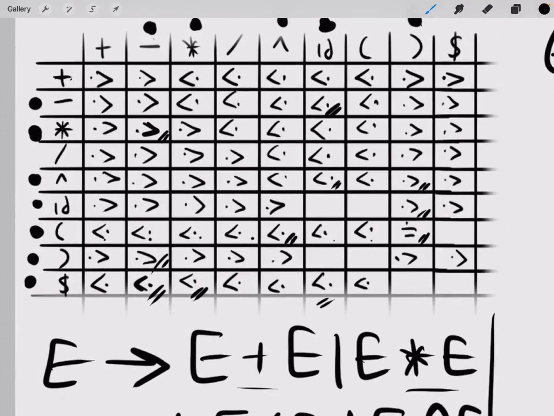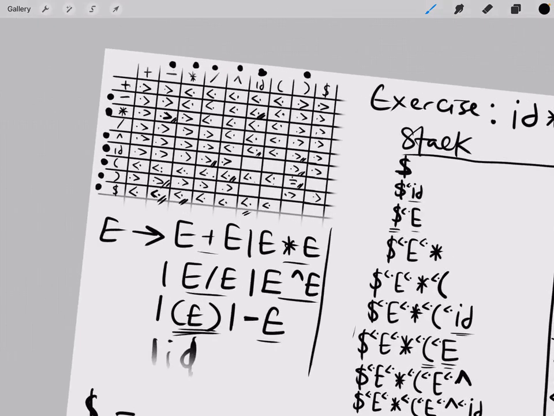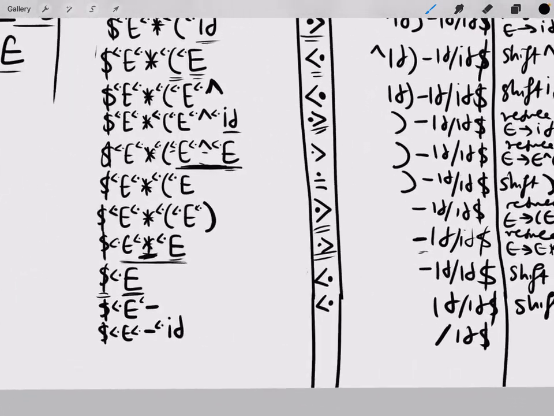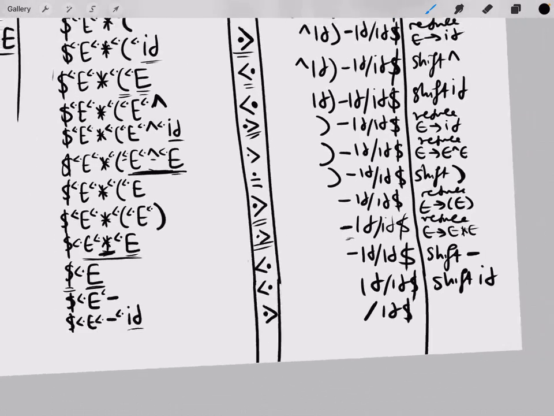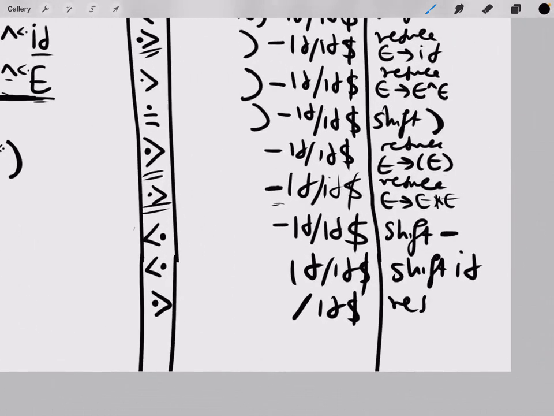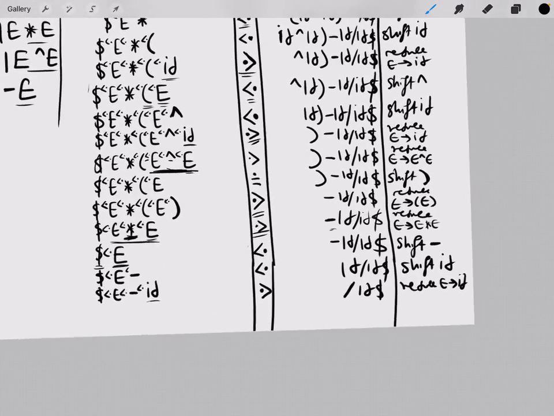So ID takes precedence over the division. And again, we have another handle. ID is the handle, so therefore we reduce E derives ID. When we do that, what do we have?